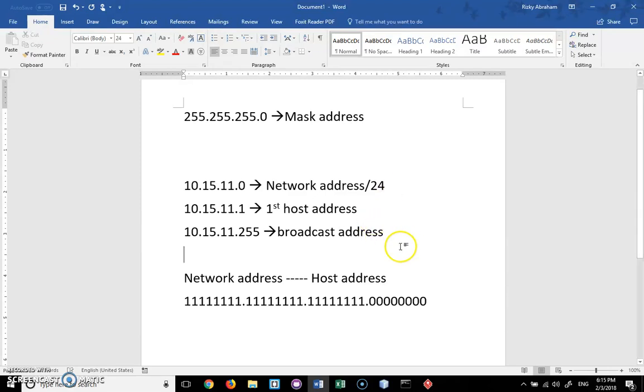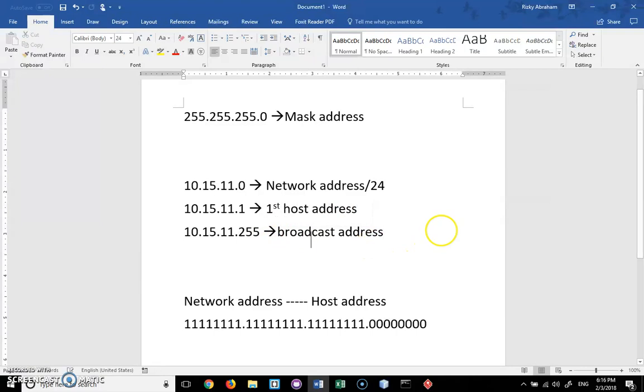So you guys saw in the video, if you have 24 bits of mask address, you have one already reserved for the network address, and the last address would be for the broadcast address.